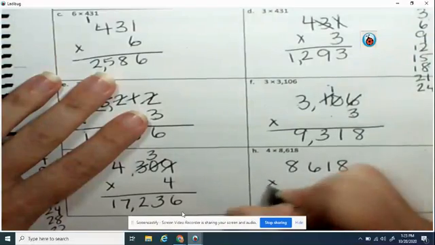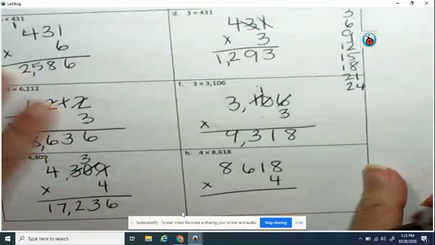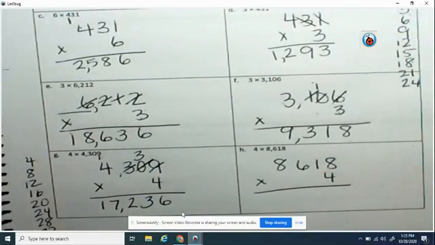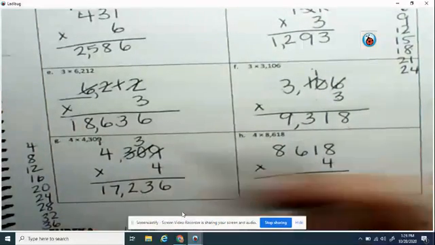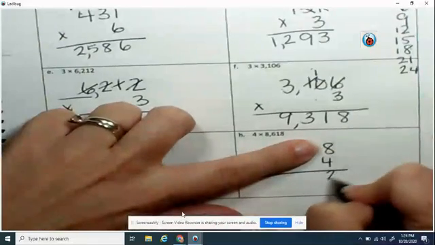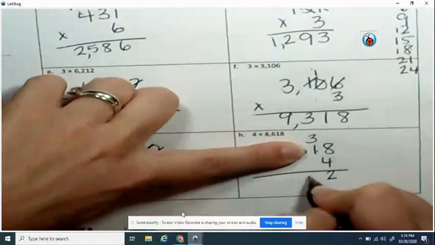8,618 times 4. All right, and we've got our 4s right there. I'm going to try to keep it where you can see them. All right, 8 times 4. 1, 2, 3, 4, 5, 6, 7, 8. 8 times 4 is 32. 4 times 1 is 4, plus 3 is 7.